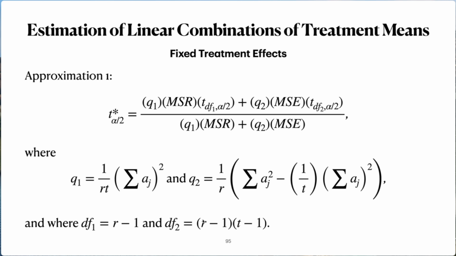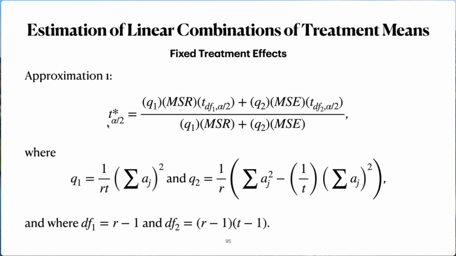And so this is what we'll call approximation 1. Again, this is an approximated interval coefficient, an approximated upper alpha over 2 percentage point, because again, we don't know the true degrees of freedom.